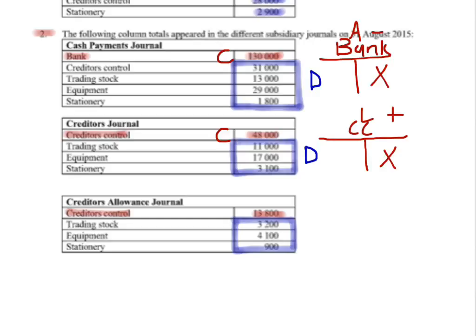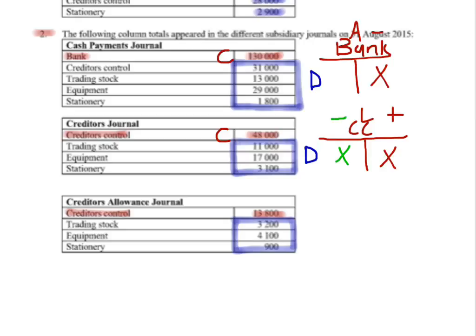Good. Then the last one, the CAJ. Now remember, the CAJ is used when I am not satisfied with some of the products I've bought, therefore I'm returning the products. So when I'm returning it back to my creditor, it means that Creditors Control is decreasing, and it decreases on the debit side.